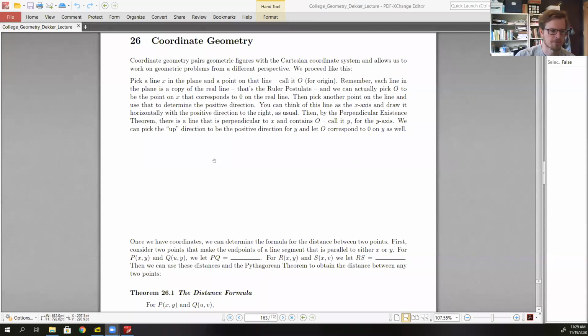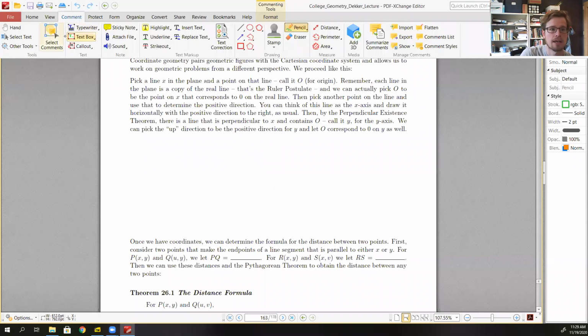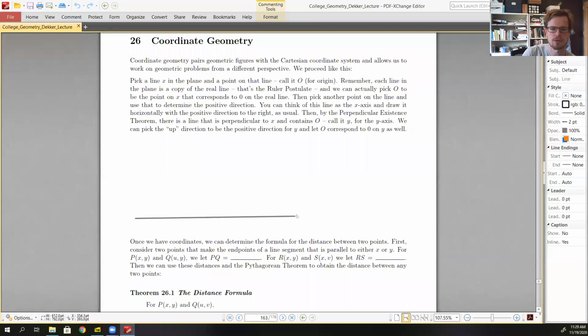So coordinate geometry. The first thing is that we can essentially construct our axes however we like and wherever we like. We know that there are many lines, and we can construct a line and orient it, or turn the page, or turn the line, or consider the line that is horizontal, allowing us to identify what we want to call the x-axis.